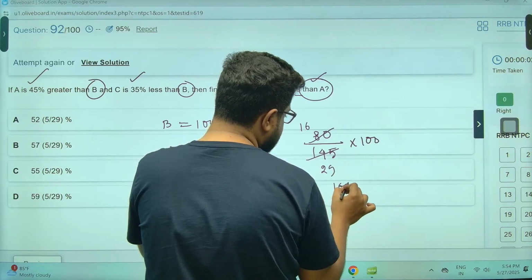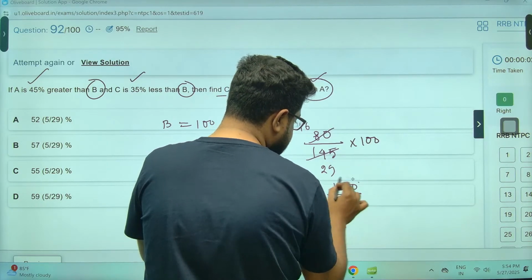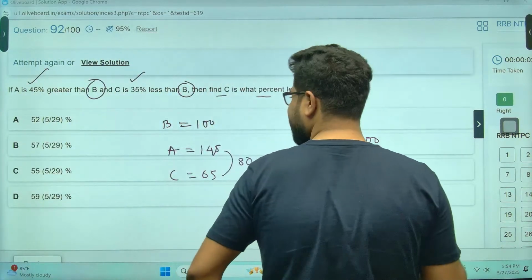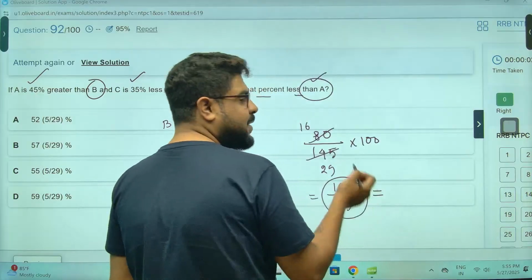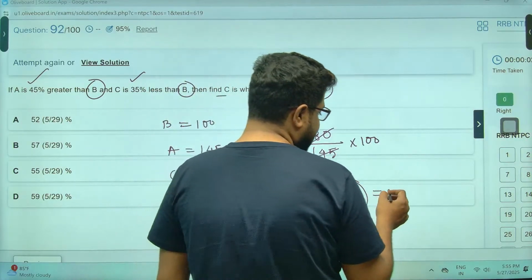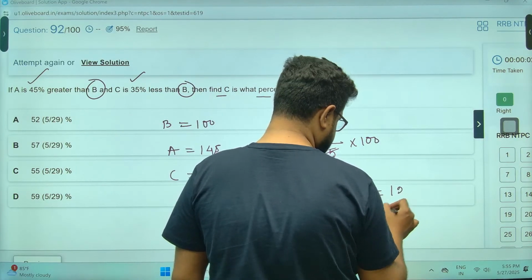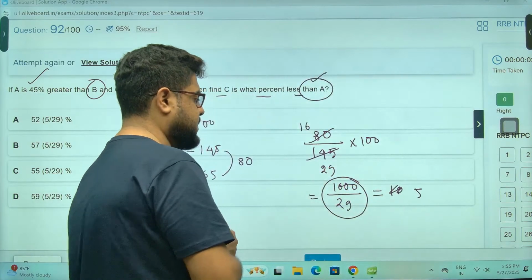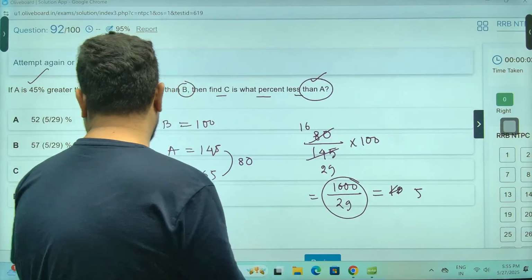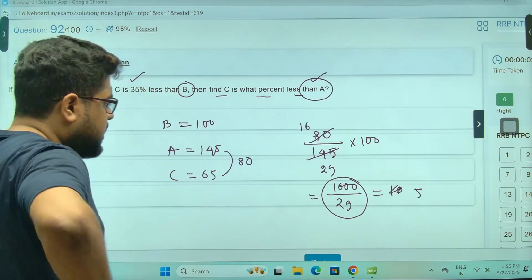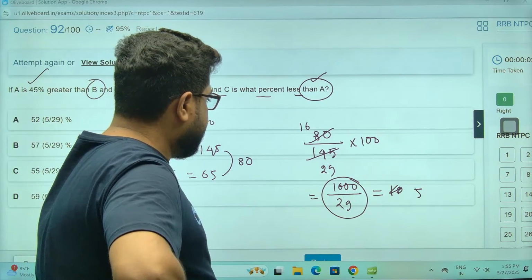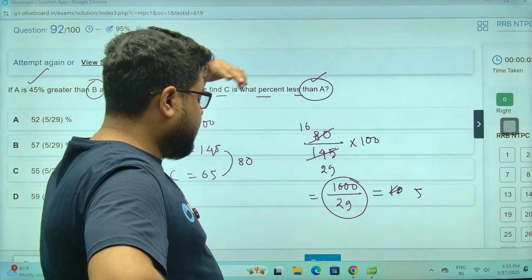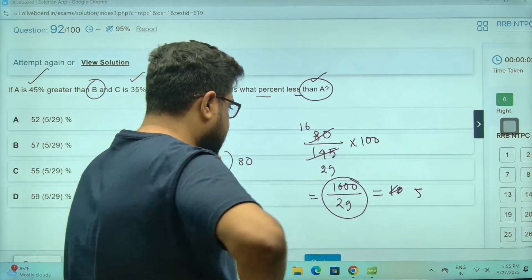So 1600 by 29. Looking at options, nothing comes easily. 5 30s are 150. So 5 29s are 145.